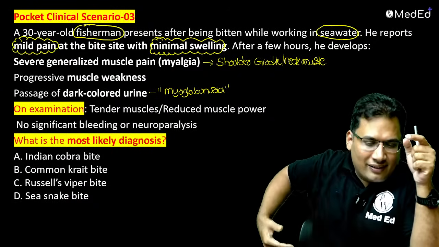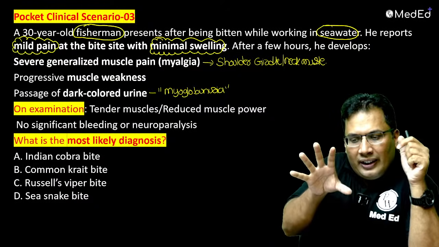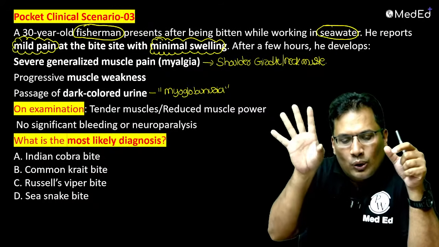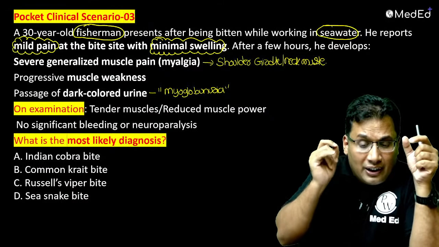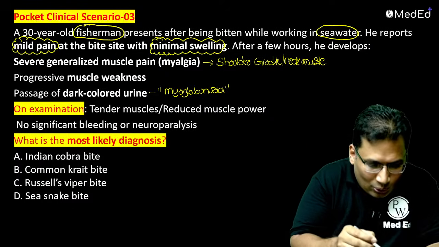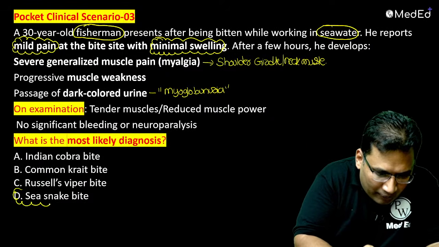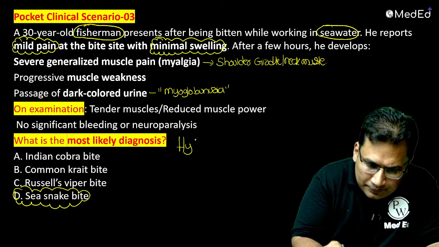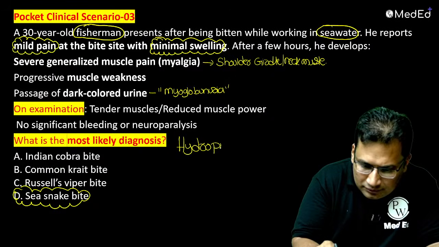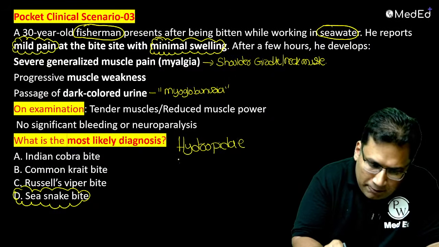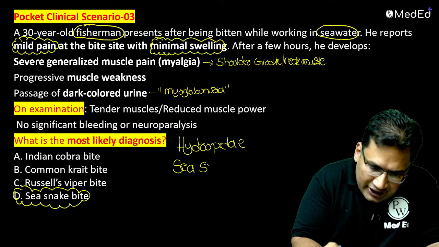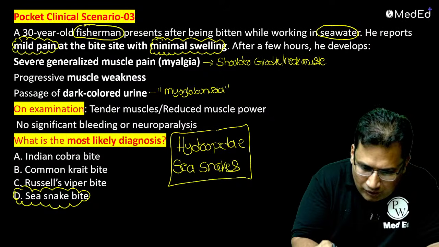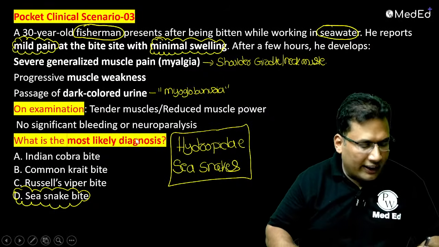The findings here: mild pain, minimal swelling, myalgia, no bleeding, no neuroparalysis, tender muscle, reduced muscle power. That goes in favor of Hydrophiinae. The answer is Hydrophiinae, they are basically sea snakes. Okay, sea snake. Very good.